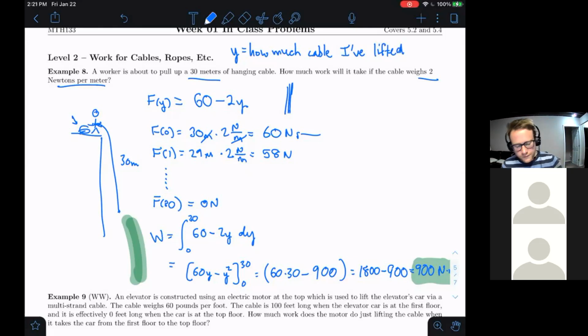I want to lift all 30 meters of cable. Initially, it's all hanging off of this cliff or wherever, or elevator shaft or what have you. And so I want to pull up all 30 meters of the cable. That's why my bounds are from 0 to 30. Initially, I haven't lifted up any of it, and I get to go home once I've lifted 30 meters. So that's where that comes from.